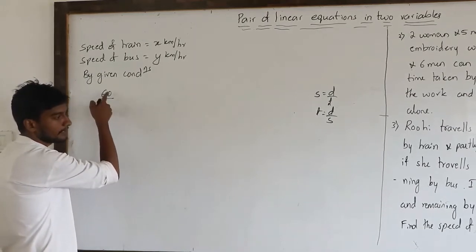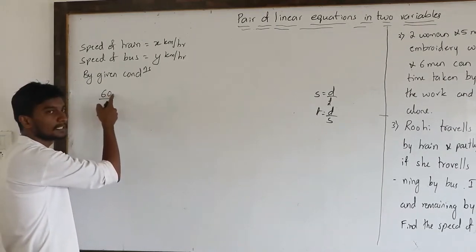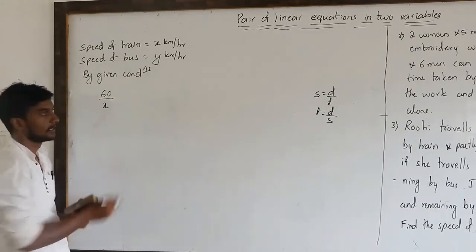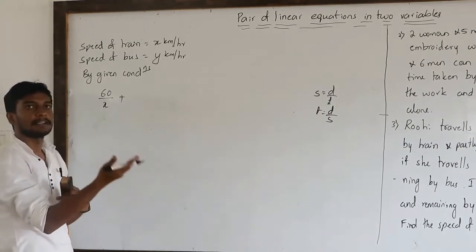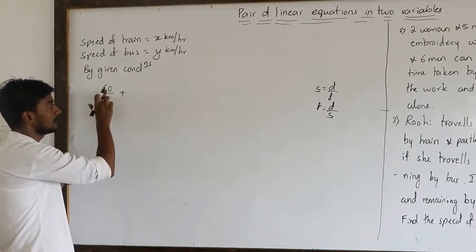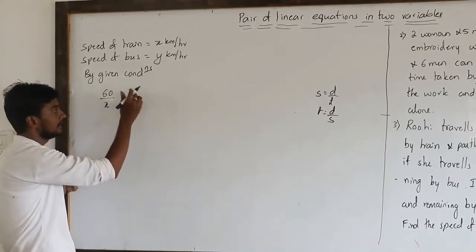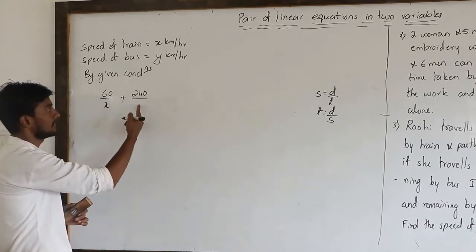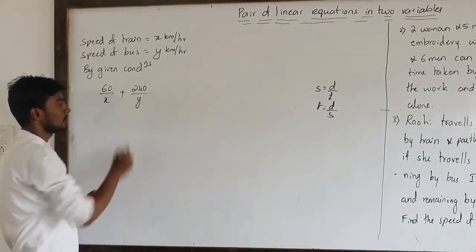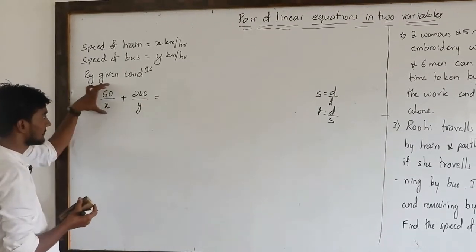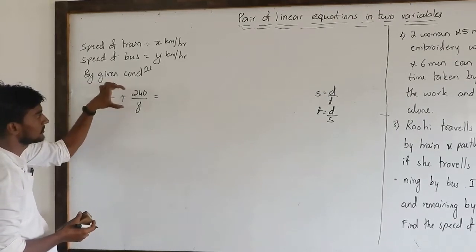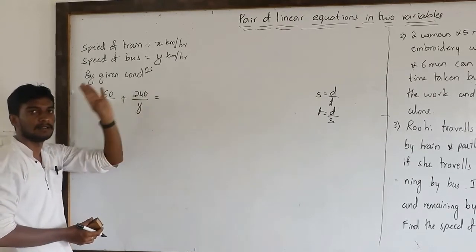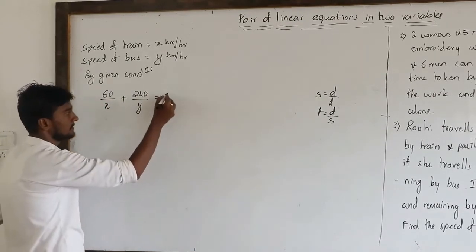So 60 divided by speed of the train, which is x, plus the remaining she traveled by bus. In 300 kilometers, if she traveled 60 kilometers by train, the remaining 240 kilometers she traveled by bus, distance divided by speed of bus, which is y, is equal to 4 hours. Total time is 4.